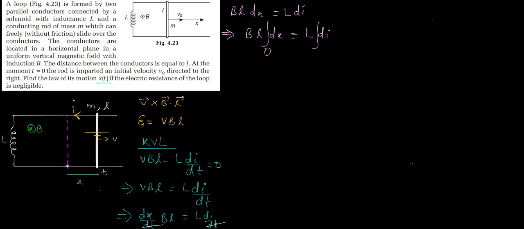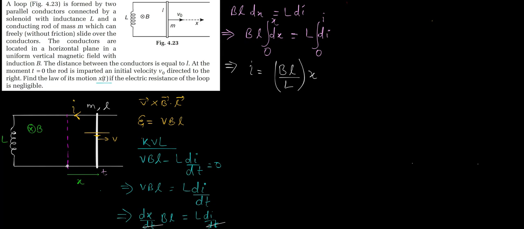If the velocity v0 is imparted to the rod, then flux will also be 0 instantaneously just after imparting velocity v0. So flux 0 means here current is also 0. So from 0, initial current is 0, to some current value I, let's say, and from 0 to x. So now we get current as a function of x. So I is equal to Bl over capital L times x.